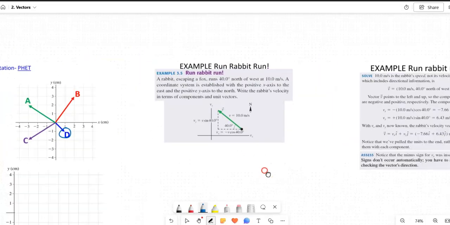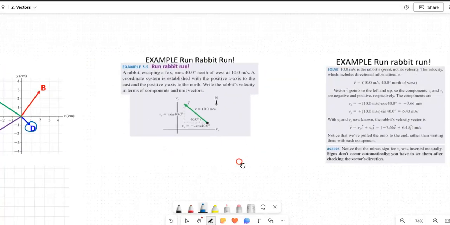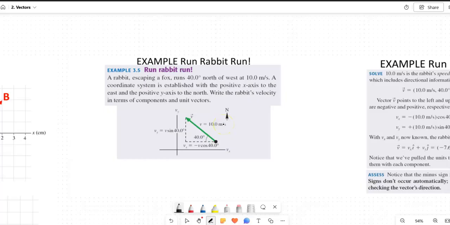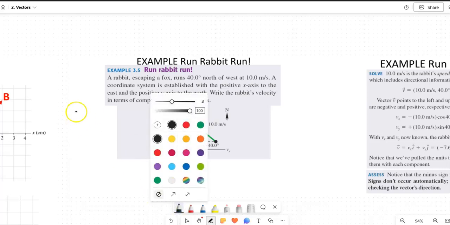Now, this next example is a problem where it says a rabbit is escaping a fox. It's running 40 degrees north of west at 10 meters per second. So this vector is a velocity vector, pointing north of west, so up and to the left. I suppose I should draw this here.